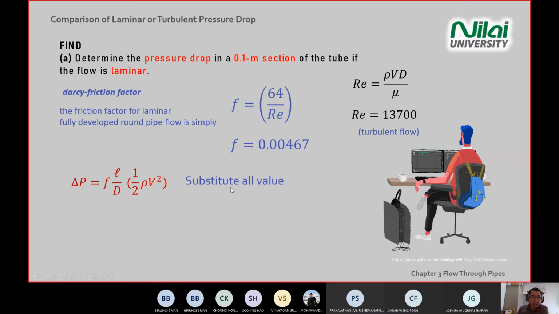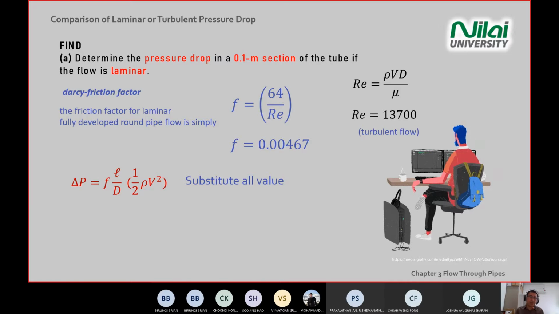You substitute all the values because your rho is given, V is given, D is given, L in this question is given as 0.1 m section, which means it measures from the reference point up to a 0.1 meter section.